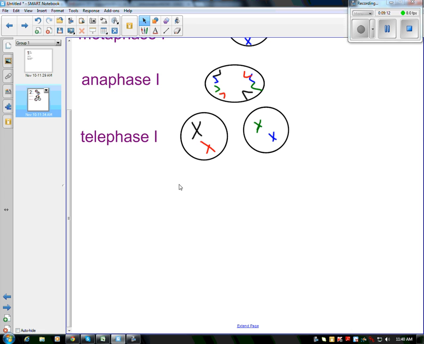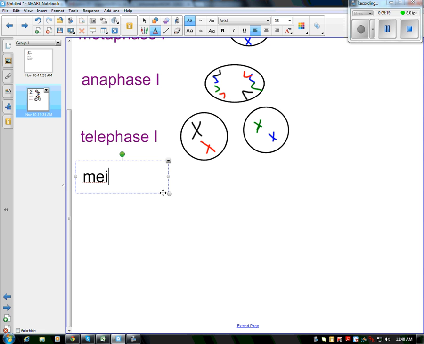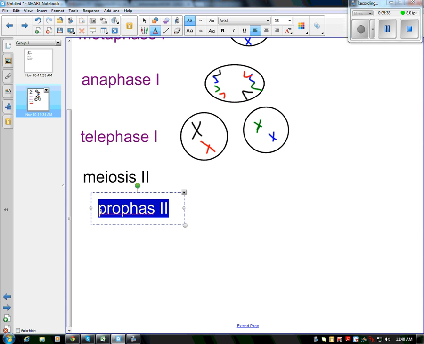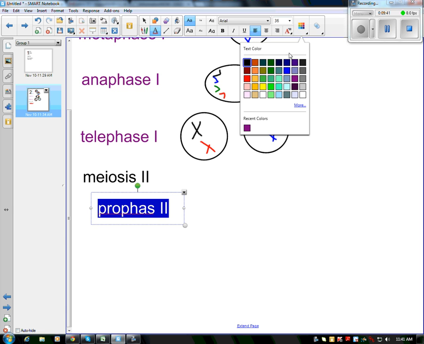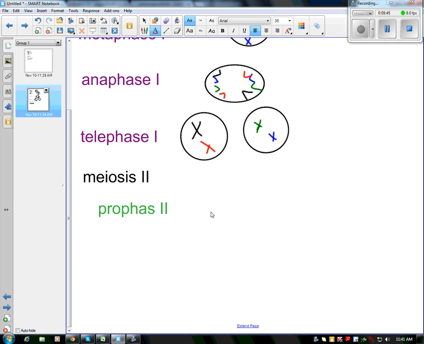And meiosis 2, what's the first step? Better have that down by now. Prophase 2.